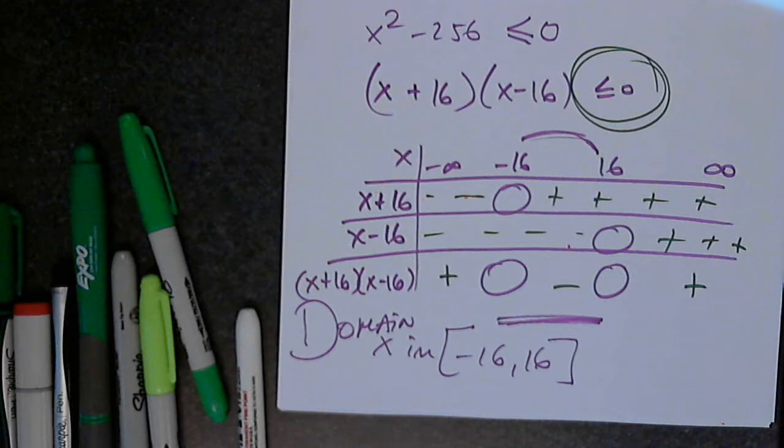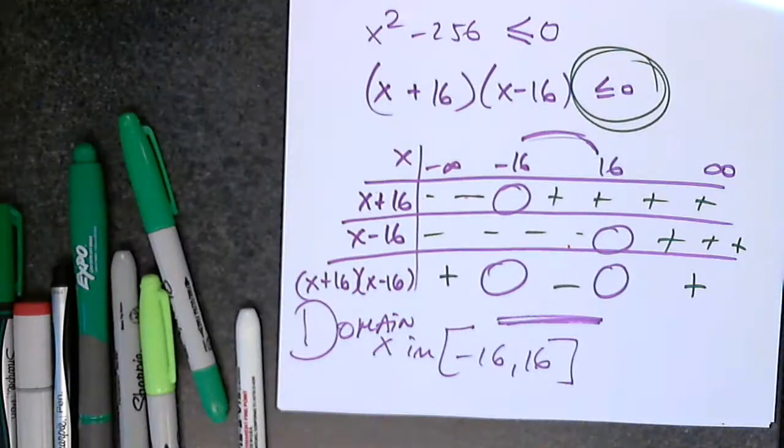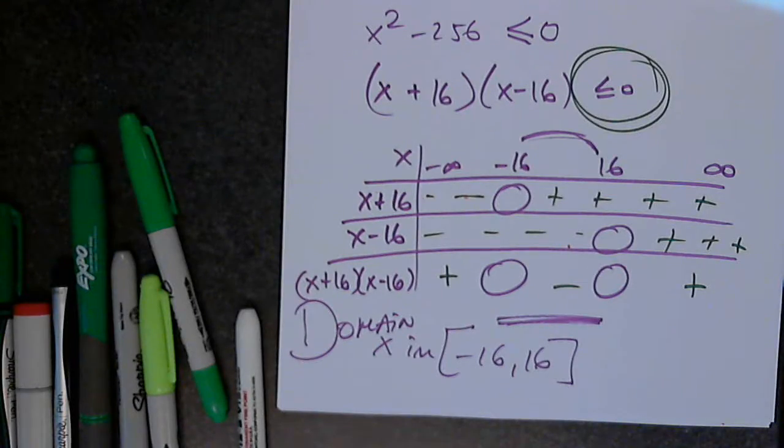If you put this function in y equals, I would put 256 minus x squared, close the parenthesis, and caret in parentheses 1 divided by 4, because that's what the fourth root means, power 1/4.